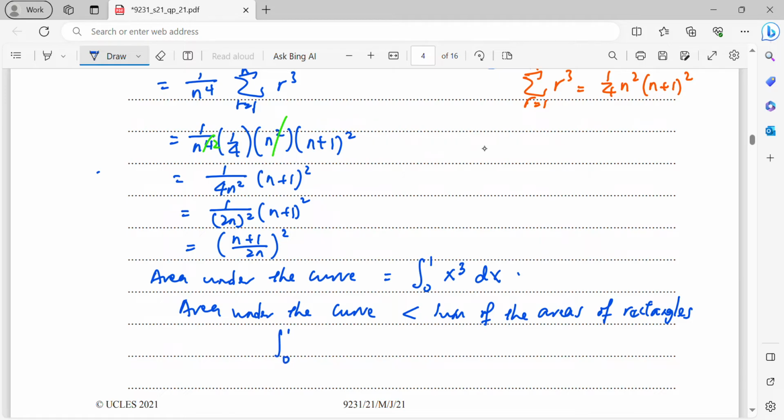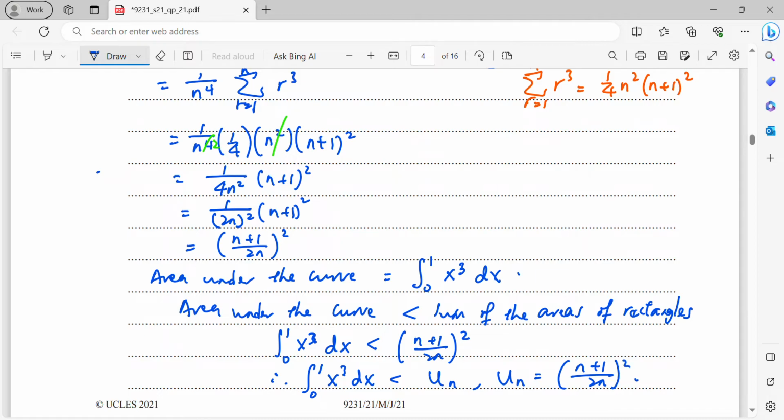Therefore, integrate from 0 to 1 x cubed dx, it will be less than n plus 1 over 2n squared. Okay, so I will say that integration of this function is less than Un, whereby the Un is n plus 1 over 2n squared. So this is how we prove the inequality.